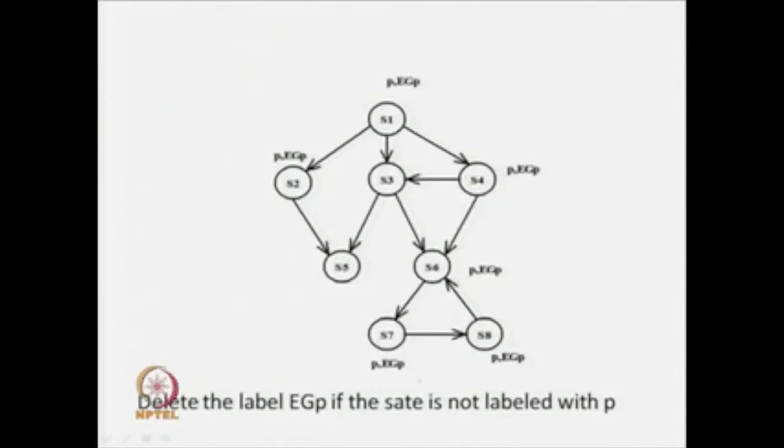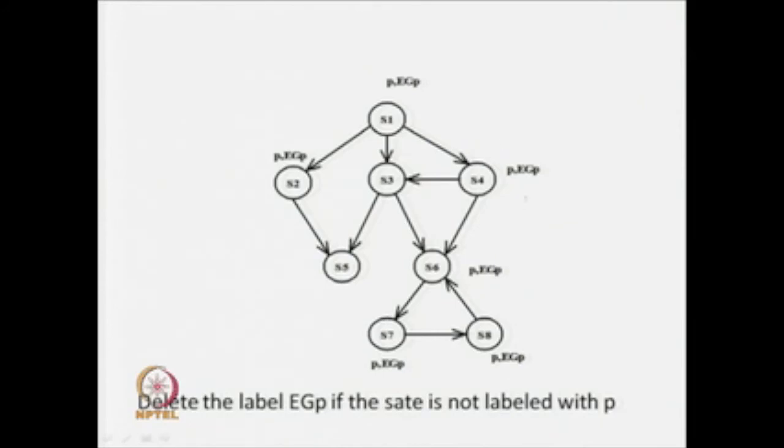If you look into this state space, for S 6 you will find that at least one successor is labeled with E g p. When we come to S 8, one successor is labeled with E g p. From S 4 also S 6 is labeled, and S 1 also has one, since it has two successors S 3 and S 4.